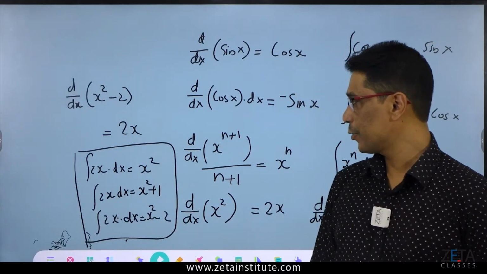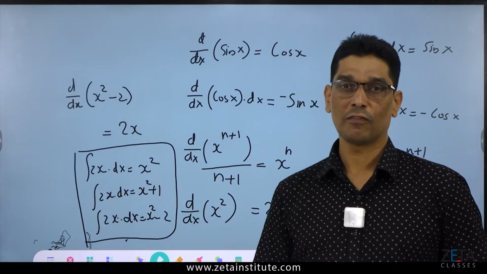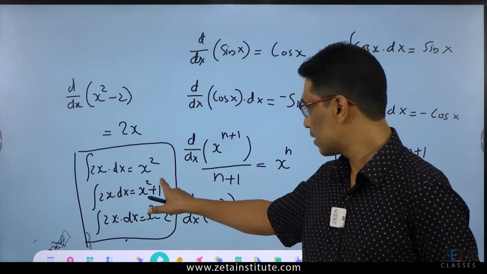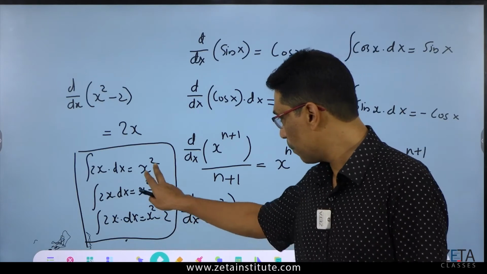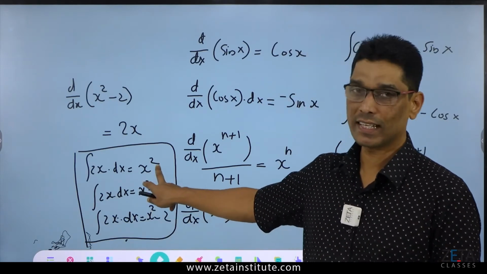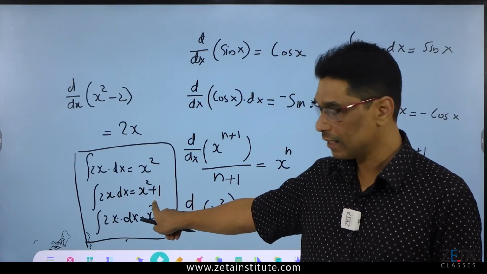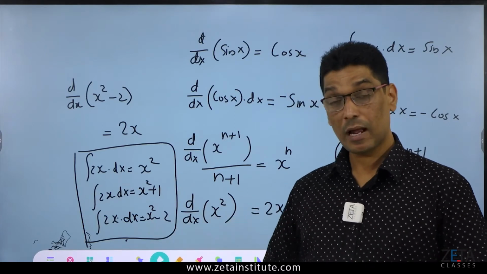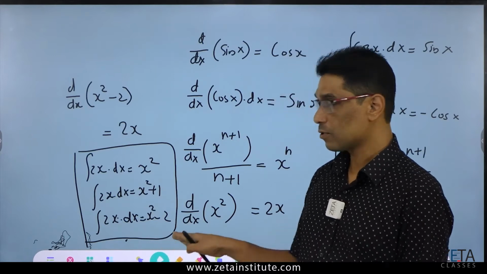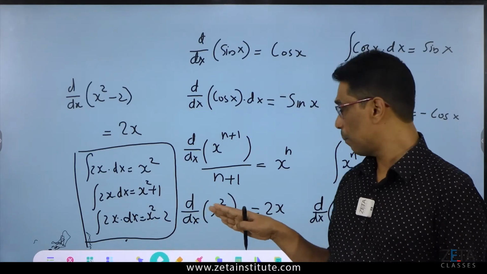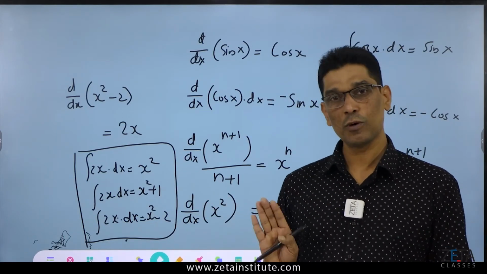So for the same integration, I got three different values. The variable term is the same, but if you compare the constant terms, it's 0 here, plus 1 is added here, minus 2 added here. Suppose I am taking any constant, it's the same. So differentiation of x square plus 100, I'll get 2x only.